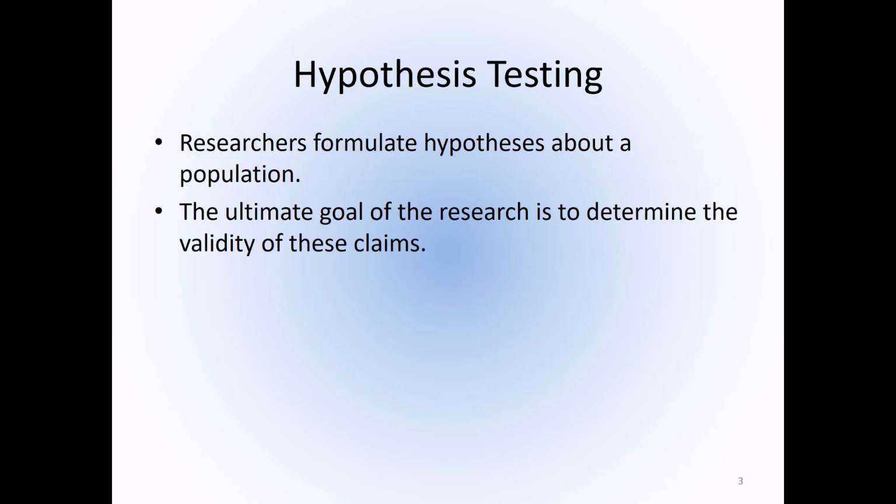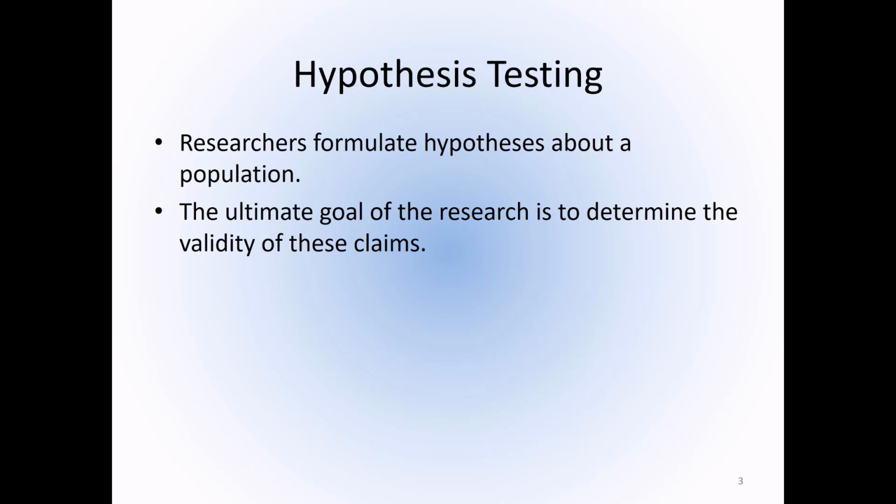So, the basis of science is that we are creating questions based on observations that we have, and then we are devising predictions about the potential causes of the observations that we're making. And these predictions, or these claims, are hypotheses.